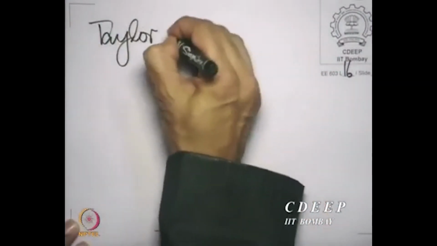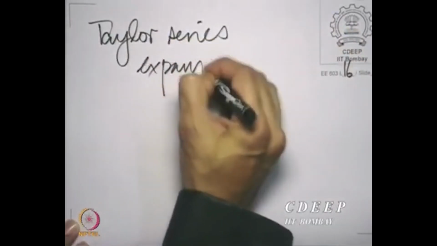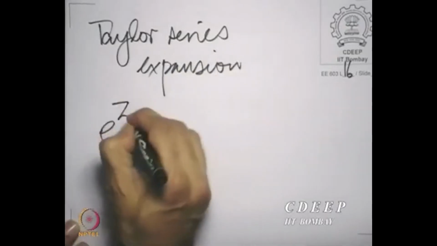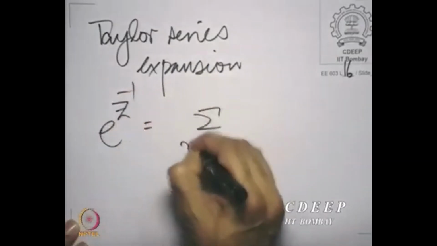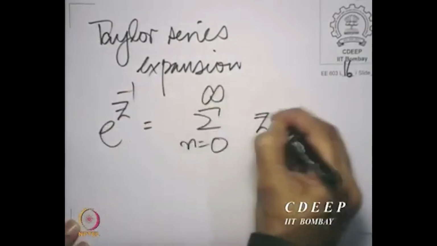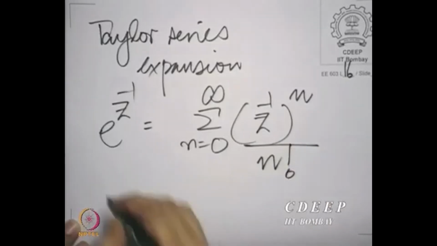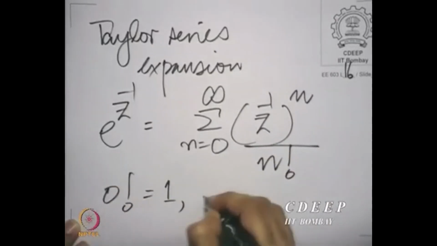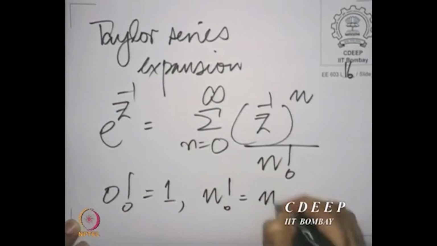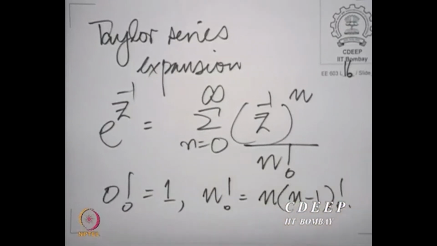Now, e raised to the power z inverse is very easy to expand. All of us would have been exposed to the Taylor series at some point. So, the Taylor series expansion of e raised to the power z inverse is essentially summation n going from 0 to infinity z inverse raised to the power of n divided by n factorial, with 0 factorial defined as 1 and n factorial defined as n into n minus 1 factorial.